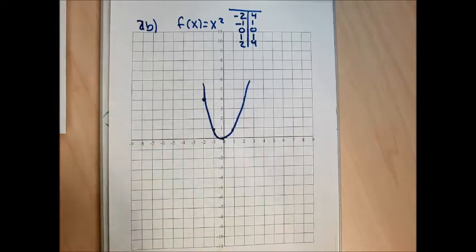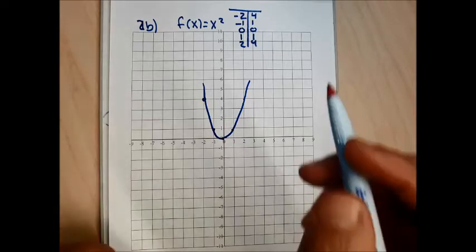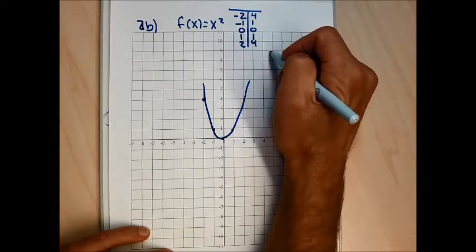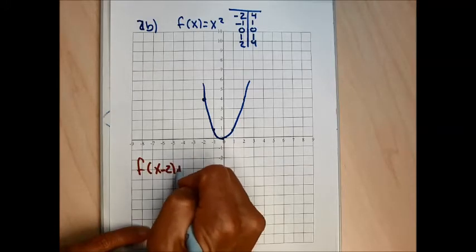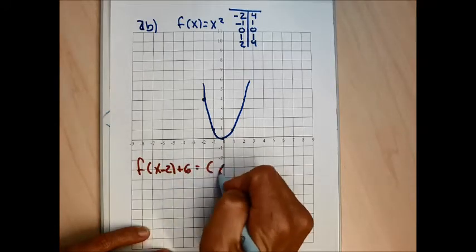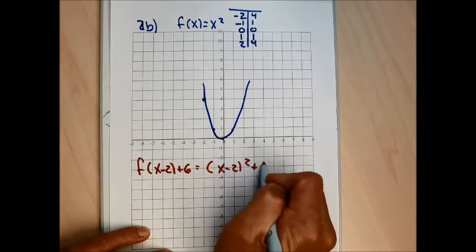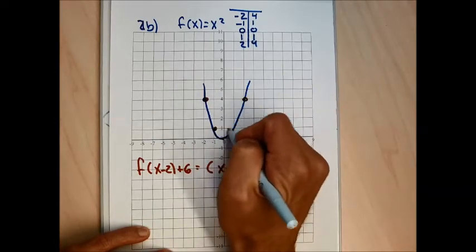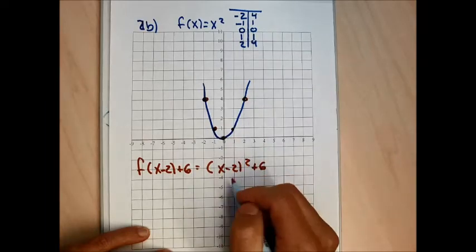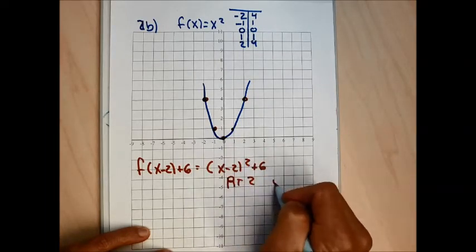I'll do my graph in red so that you can tell them apart. So I'm going to graph f of x minus 2 plus 6, which is x minus 2 squared plus 6. I do that by taking every point that I marked and moving them right 2 and up 6.